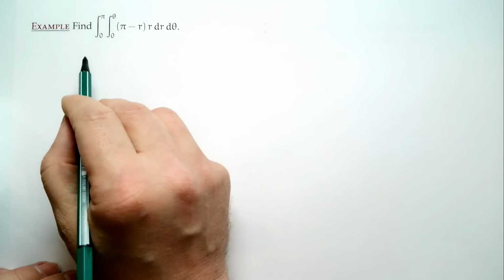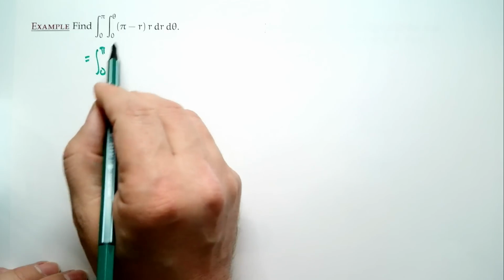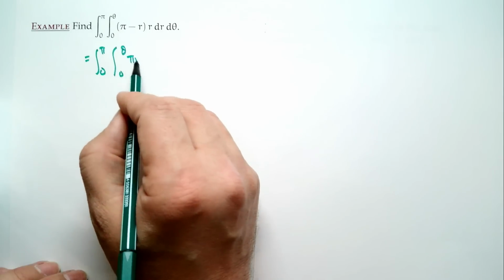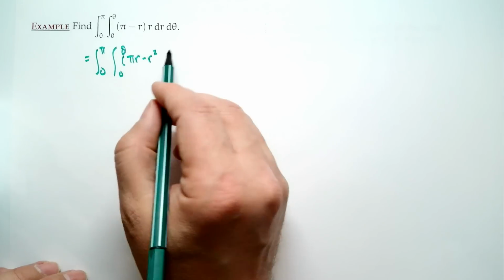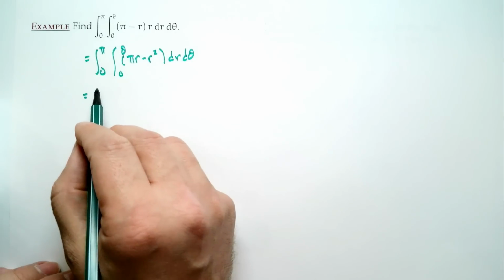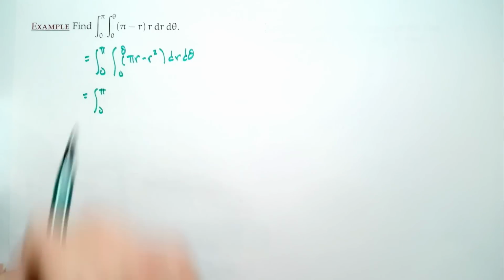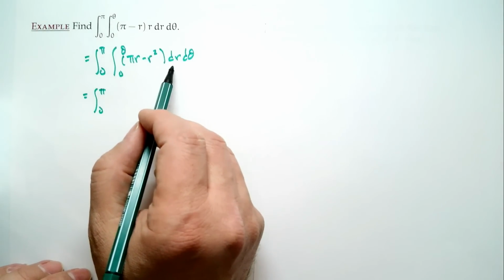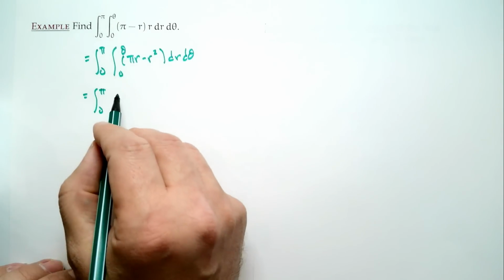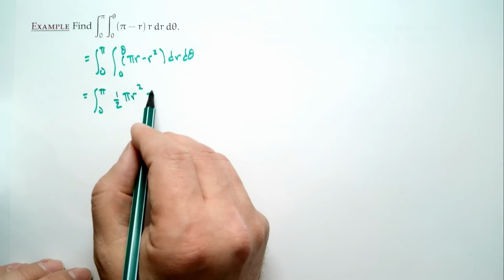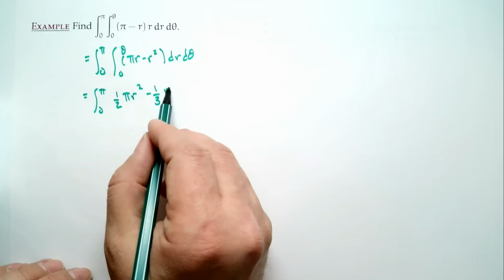I can multiply the r through: integral 0 to theta of pi r minus r squared dr d theta. What is the integral of pi r minus r squared with respect to r? We should always remember what we're integrating with respect to. It's 1/2 pi r squared minus 1/3 r cubed.